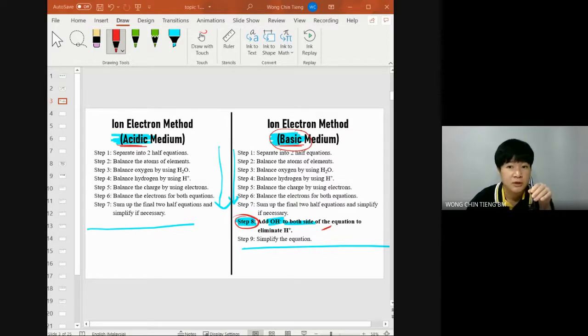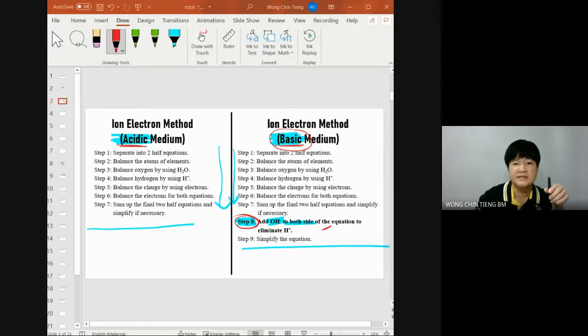Baca soalan betul-betul. Sama ada dia akan bagi dengan jelas, the reaction is carried out in acidic medium. Yang tu adalah untuk saya jelas. Contoh satu lagi yang kalau dia tak ada perkataan acidic medium, basic medium, they have the words reacted in acid, reacted in hydrochloric acid, reacted in NaOH. So yang tu kamu tahu, bila saya react dengan NaOH, saya adalah basic medium.